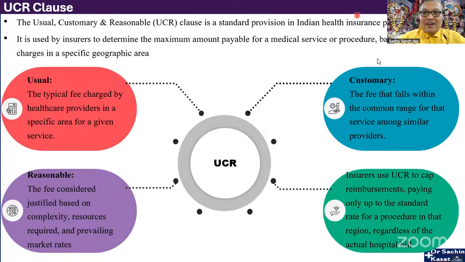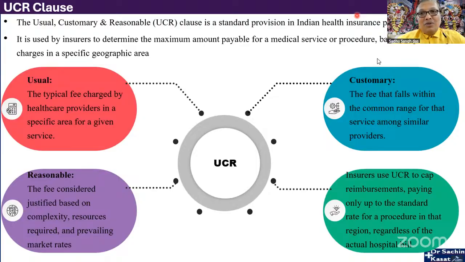So it could be a range for that service. What is an example? Suppose I am talking about consultation. For consultation, the common range for, say, a general physician would be from 100 to 500 rupees. So that is the customary charge. Usual is, say, 500 rupees in the specific area.